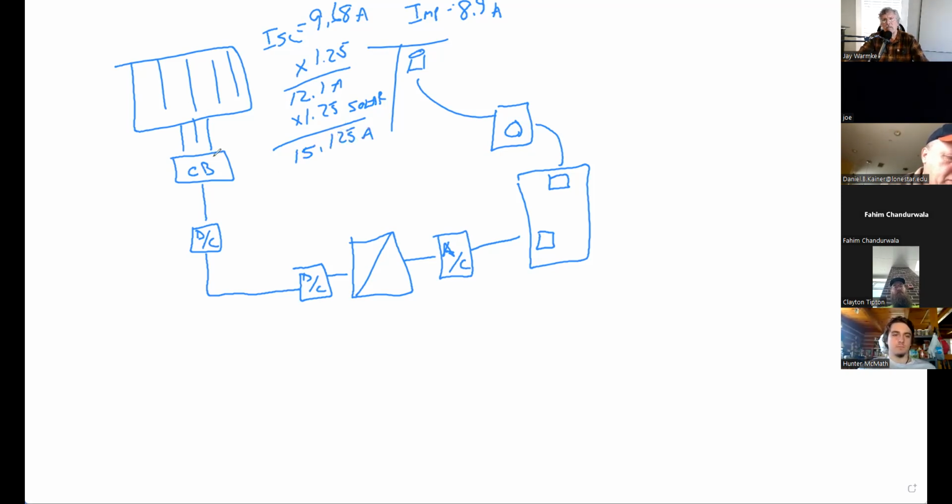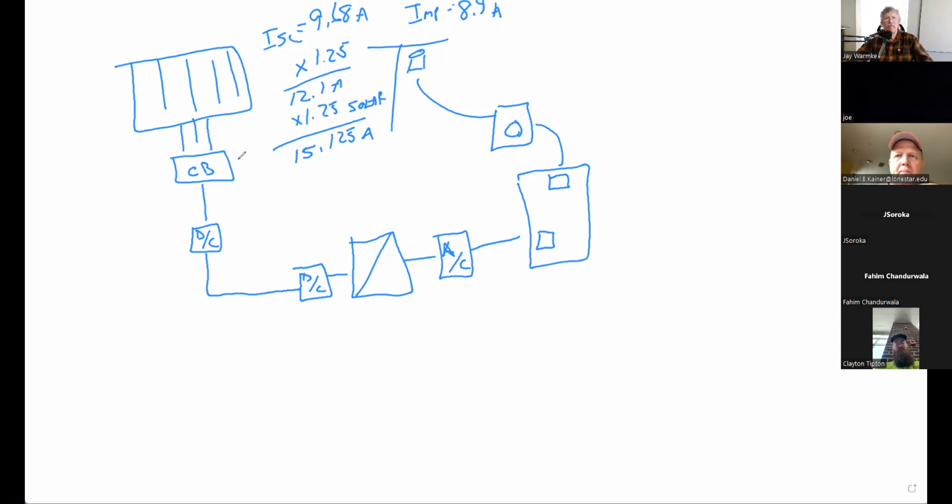So if I'm coming into a fuse or a circuit breaker in my combiner box, what size circuit breaker do I need? See, you're fine to give me calculator answers, but now I'm starting to get into understanding here. So anybody want to venture a guess? 20 amp. 20 amps, exactly right. Why?